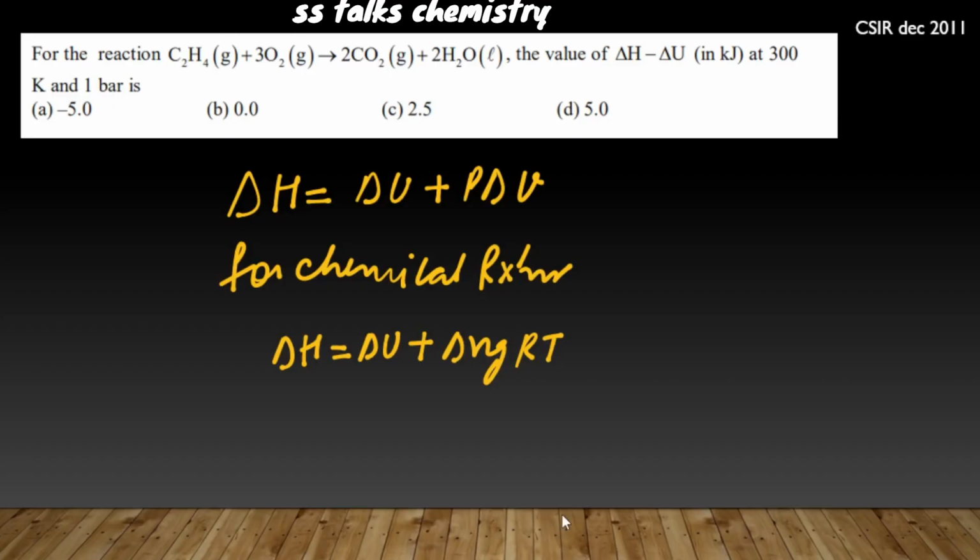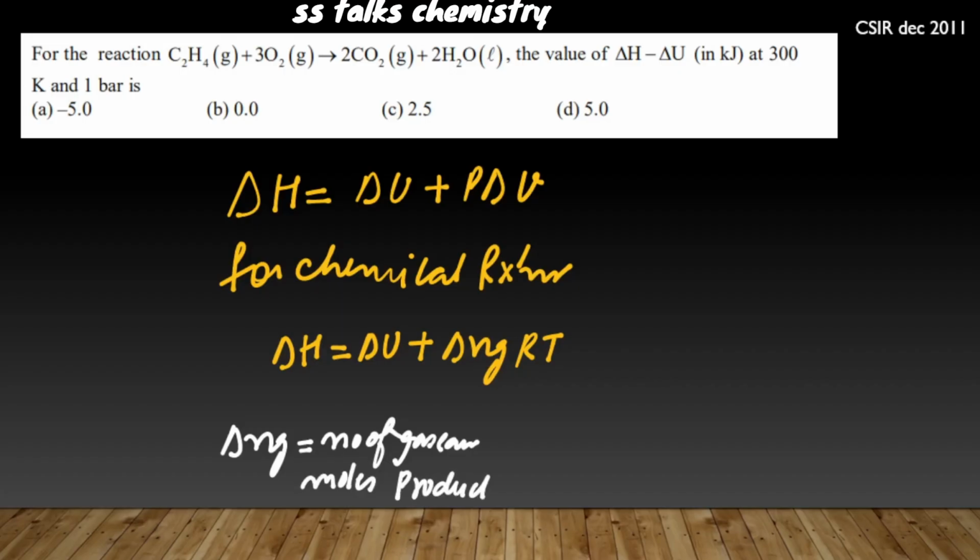Here delta ng is the change in the number of gaseous moles. We define delta ng as the number of gaseous moles on the product side minus the number of gaseous moles of the reactants.